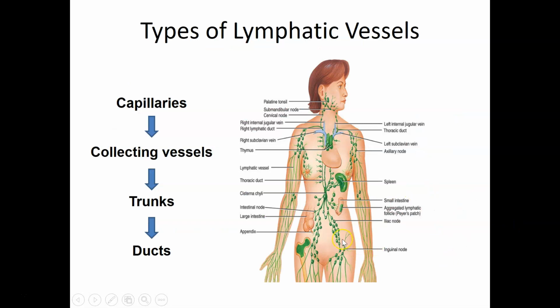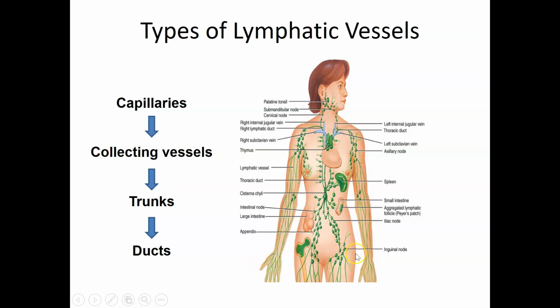So this slide is showing the different types of vessels, lymphatic capillaries flowing into collecting vessels, into trunks, and then into ducts. And then on the figure are shown not the capillaries, so the capillaries are kind of microscopic, but these would be the 3 other larger types of lymphatic vessels.